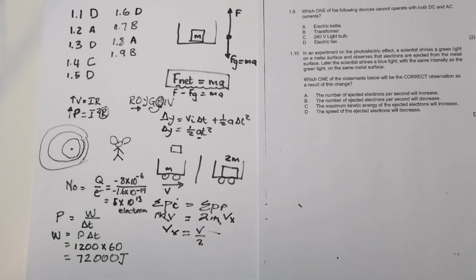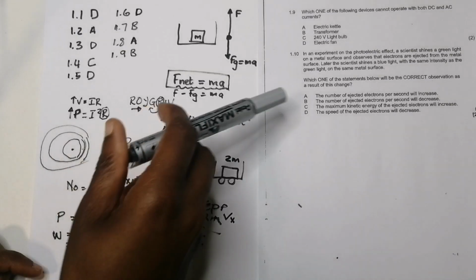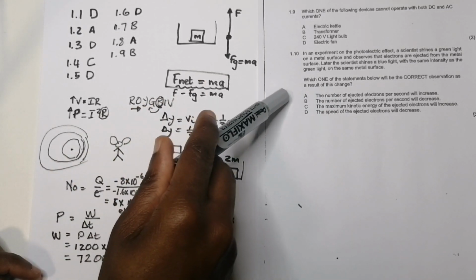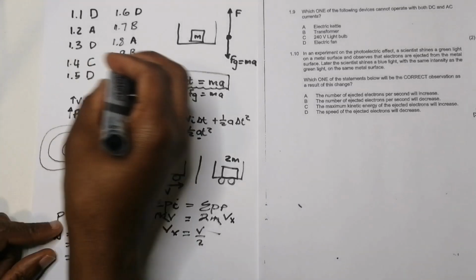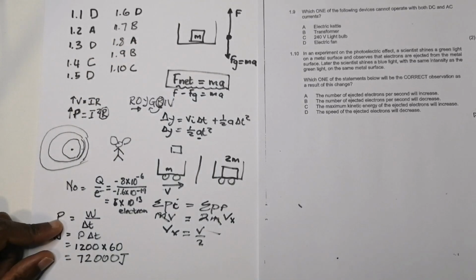I tried to explain that quite nicely there. If it talks about ejected electrons per second, that's a function of intensity. But let's look at the next one at C. They say the maximum kinetic energy of the ejected electrons would increase. I would tend to agree with that. So my answer for 1.10 should be C.